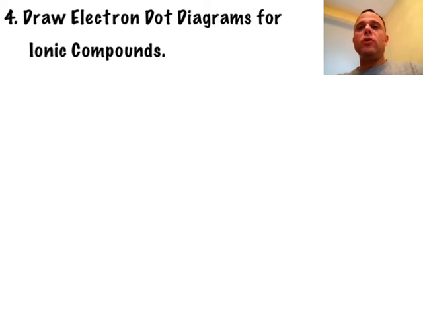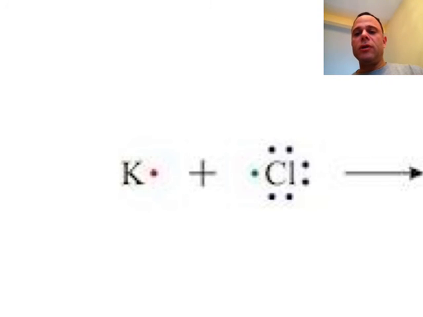So this brings us to draw electron dot diagrams for ionic substances. We already know what they look like for individual ions, but what will they look like when they combine to become an ionic compound? Now forgive the resolution. Here is the dot diagram for potassium.